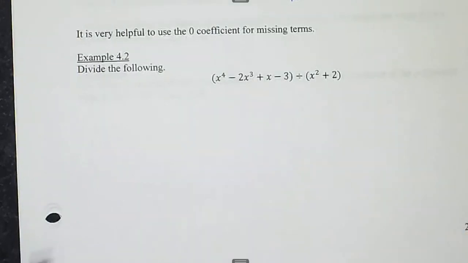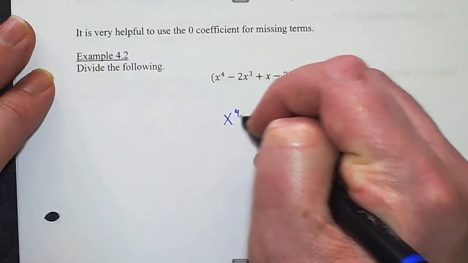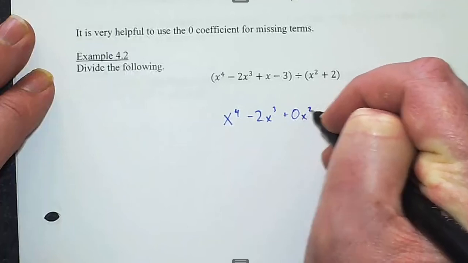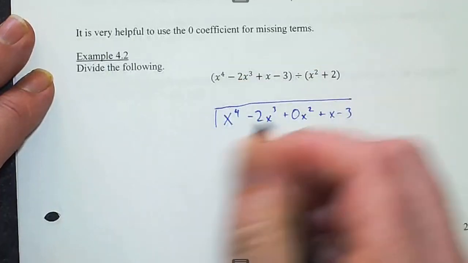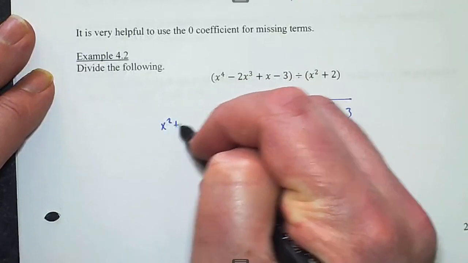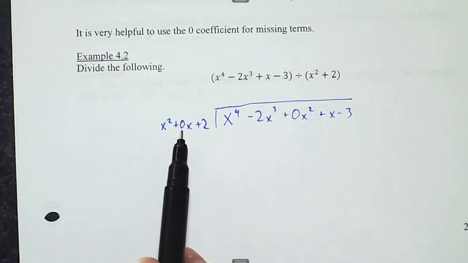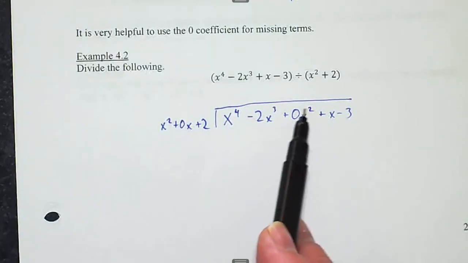So look for that when you're doing division as a first step: fill in any missing terms. So this is x to the fourth minus 2x cubed plus 0x squared plus x minus 3, and I'm going to be dividing by x squared plus 0x plus 2. And like I said, that one's not as big a deal, but it definitely helps. This one here, really want to make sure you have that.